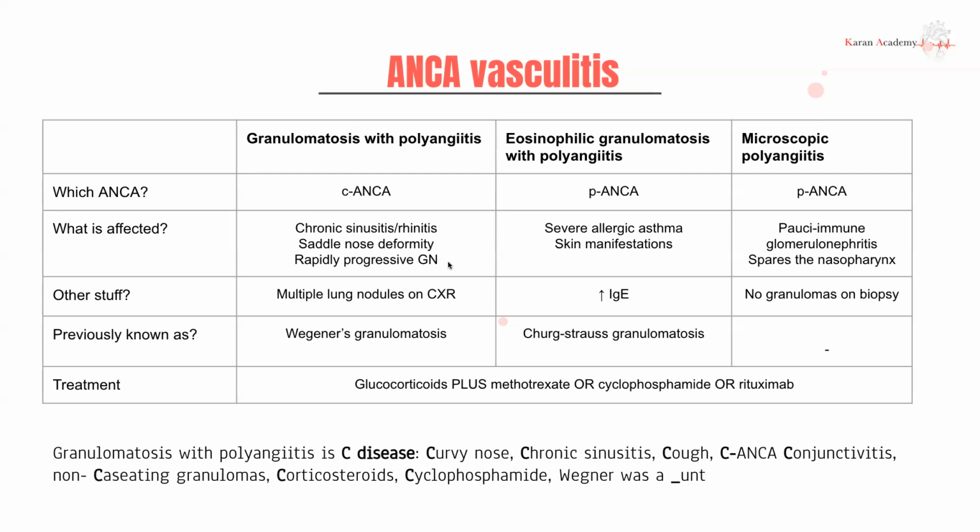Other things of relevance: P-ANCA is eosinophilic granulomatosis. You also often get multiple lung nodules on a chest X-ray, and you have an elevated IgE, which makes sense because it's an eosinophilic process. With microscopic polyangiitis, you see something called a pauci-immune glomerulonephritis. Now, what does pauci-immune even mean? Pauci-immune means it's like a fake immune. Why is it a fake immune?